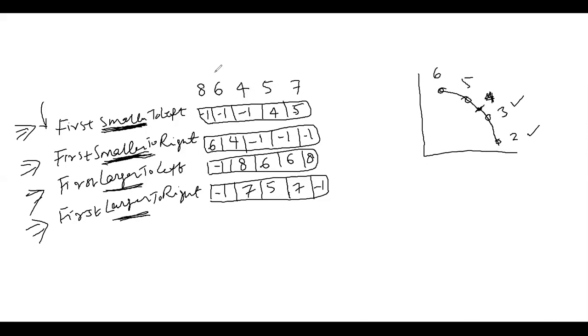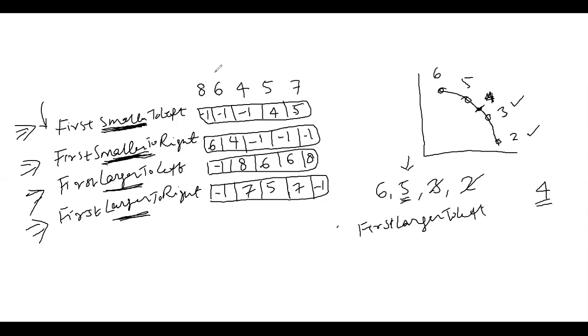When 4 gets inserted, the important information 4 can get is who is the first larger to my left. So who will be the first larger to 4's left? It is 5, whichever was on the stack top. The configuration was 6, 5, 3, 2. When 4 made the entry, he popped out 2, he popped out 3, and then before he got inserted, he can look at the leftmost guy and say, hey, 5 is the first larger towards my left.